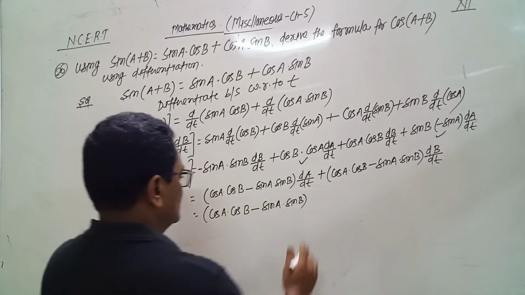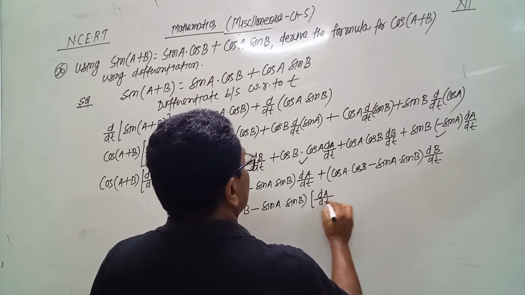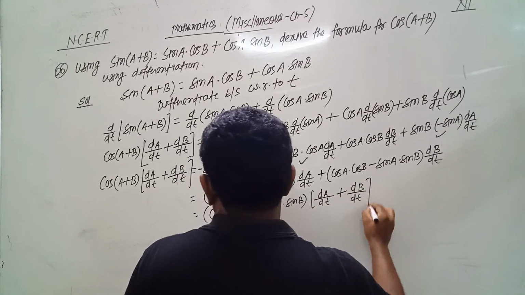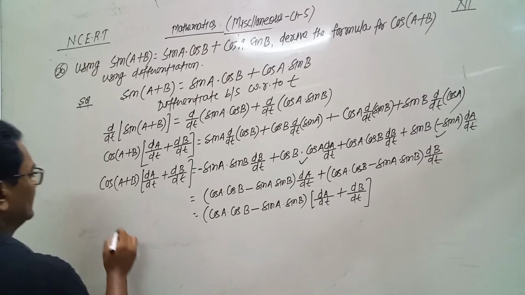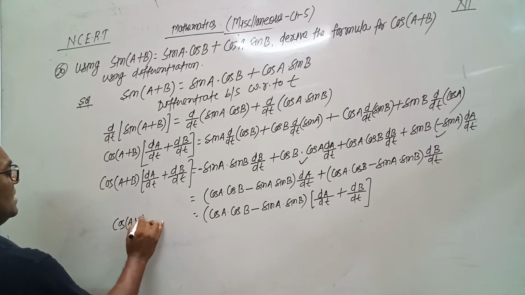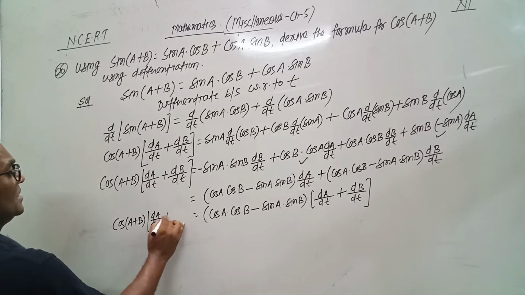Then we get dA/dt plus dB/dt. And on the left side we have cos(A+B) times dA/dt plus dB/dt.